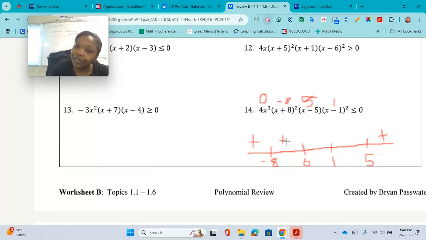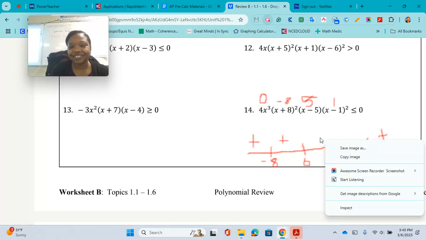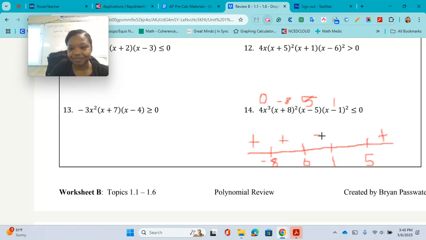At 1, the multiplicity is 2, so it bounces. If this is negative, this will be negative because it bounced. And for the +5, it was just a multiplicity of 1, so it went through.